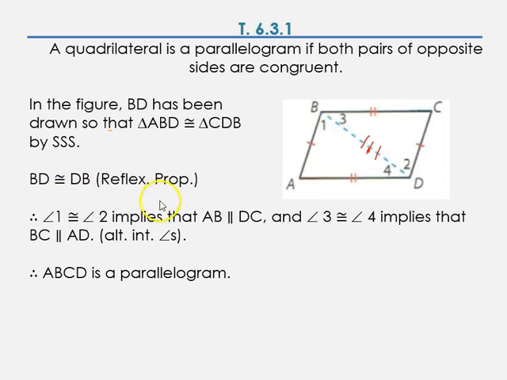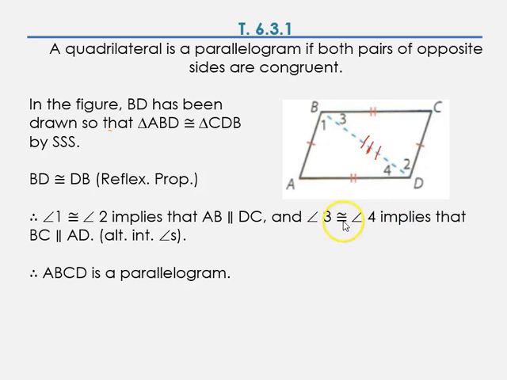That's the reflexive property. And therefore, we can now state that angle 1 is congruent to angle 2, and that is because of alternate interior angles. If we have alternate interior angles, we are now implying that side AB is parallel to side DC. We can also state that angle 3 is congruent to angle 4.